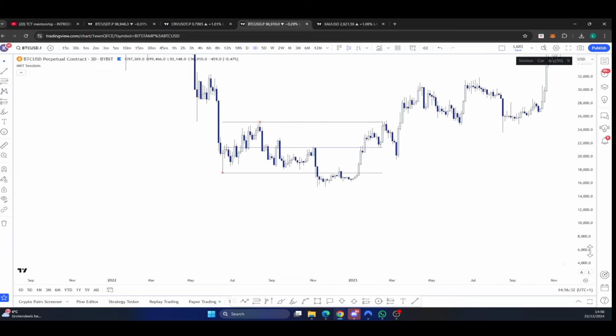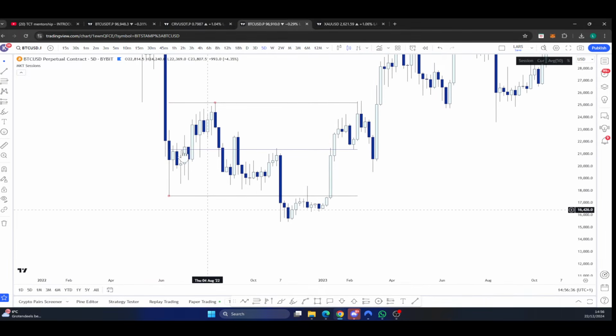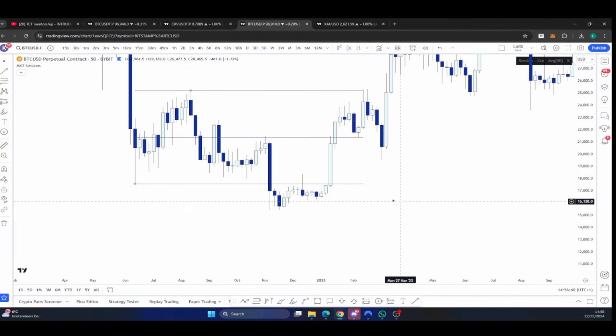Okay, now we can see if we look on the high time frame, we have a valid 5-day range. It is a high time frame range. And right here, November 2022, we had the FTX collapse and we came down very, very aggressively. But what did I tell you guys about coming down so aggressively?